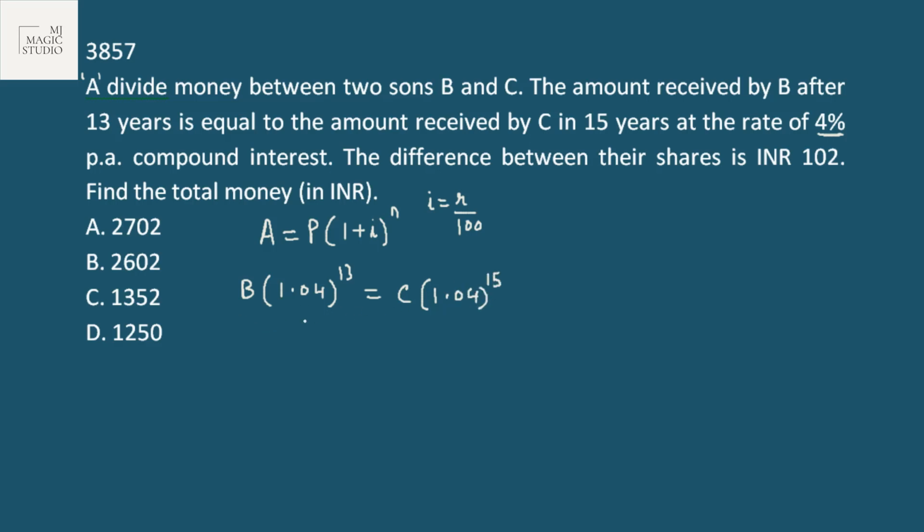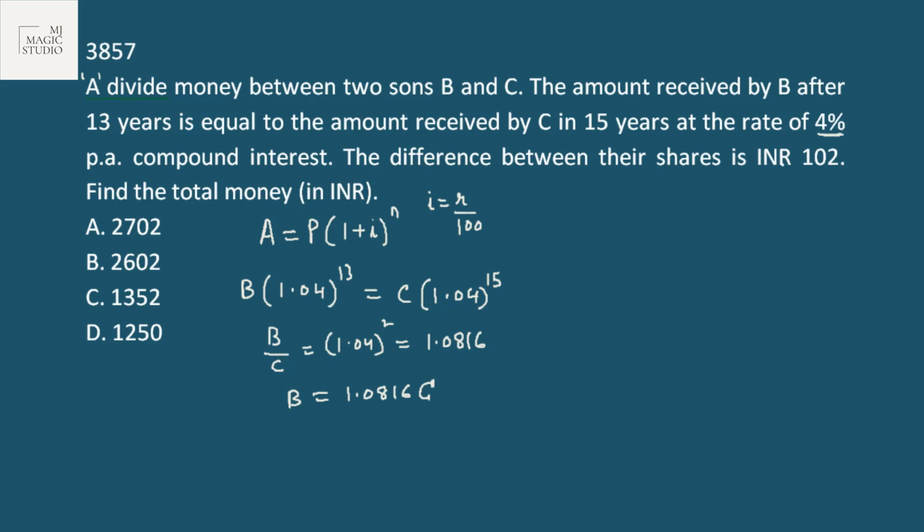With the help of this, we can get the ratio between B and C. So B by C is equal to 1.04 squared. That is 1.0816. So B is 1.0816 times C. This is what we can frame from the first statement.